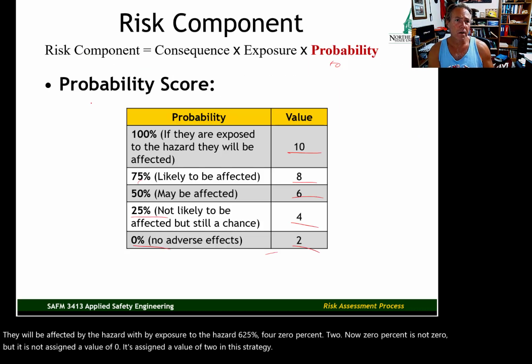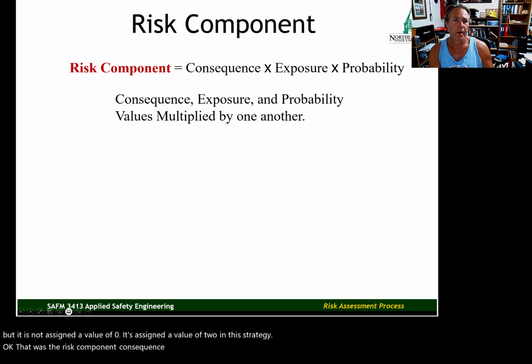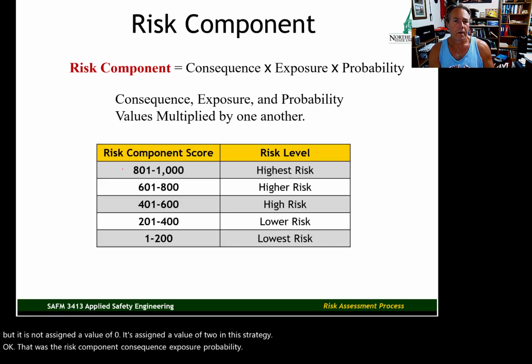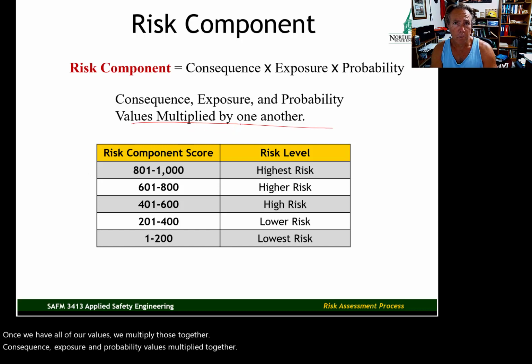Okay, that was the risk component: consequence, exposure, probability. Once we have all of our values, we multiply those together. Consequence, exposure, and probability values multiplied by one another, and you're going to end up with a value ranging from 1 to 1,000.